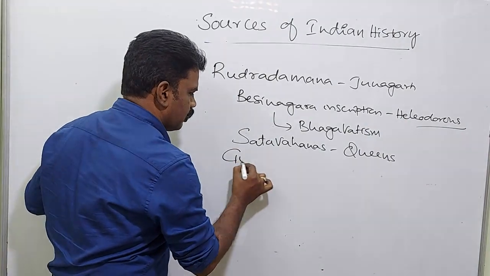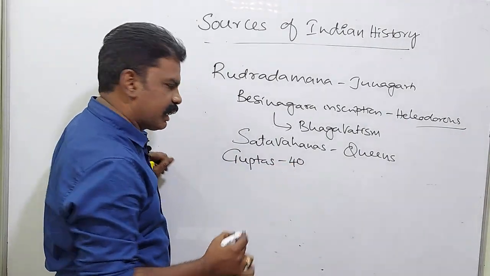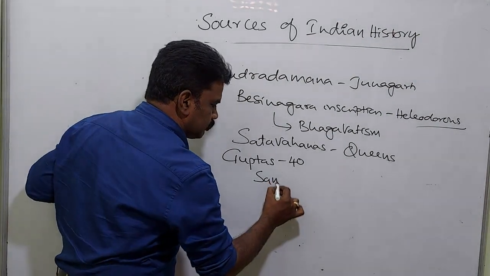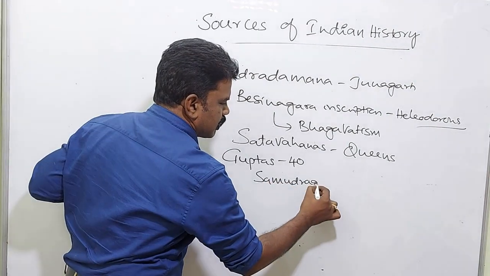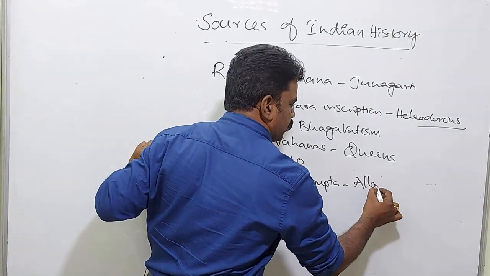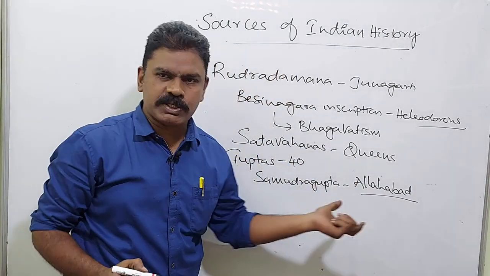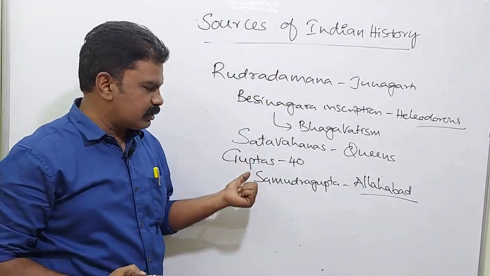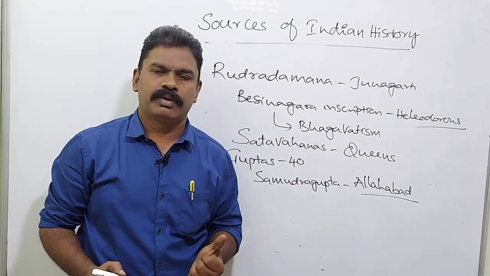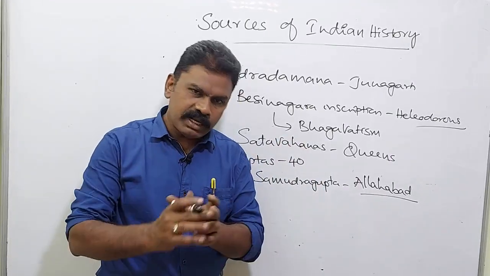Gupta period. The Guptas issued more than 40 inscriptions. Samudragupta issued the Allahabad inscription, which speaks about his achievements, his victories, and his contemporary rulers.